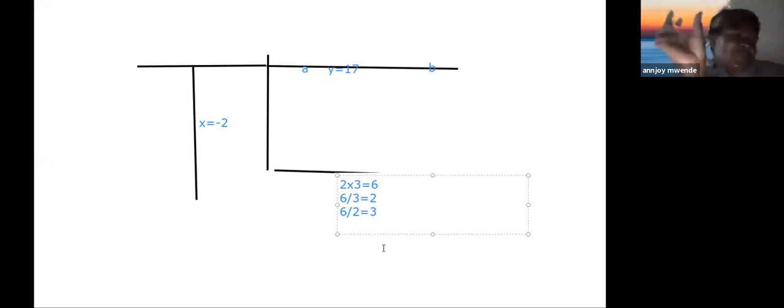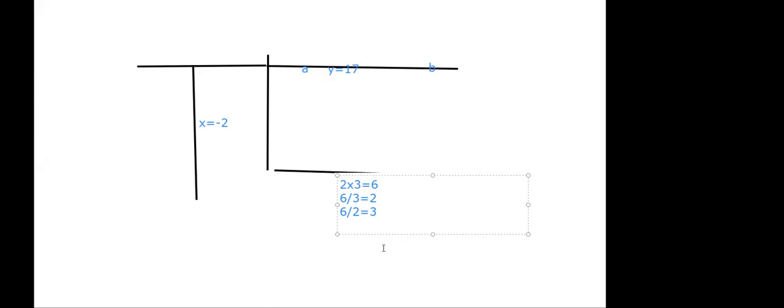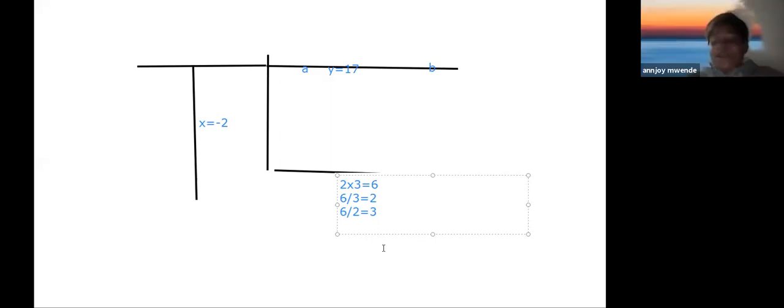But perpendicular lines have M1 times M2 equal to -1. So M2 will be -1 over 0. Don't simplify. Leave it like that. That is the gradient, -1 over 0. Then you say Y plus 1 divided by X plus 2 is equal to -1 over 0.